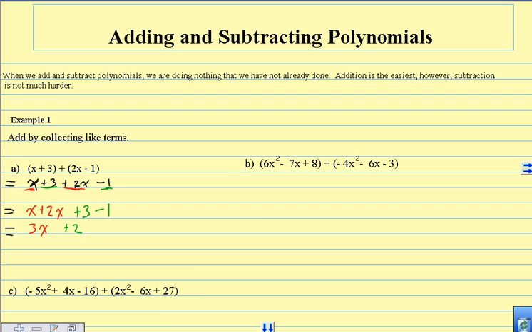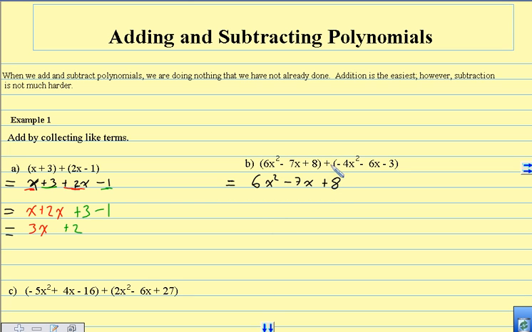Okay, so looking at B, I can always just drop the brackets on the left-hand polynomial, because those aren't going to change. So I can rewrite this, if I'm looking at now trinomial plus trinomial, 6x squared minus 7x plus 8. I can just drop the brackets on that and rewrite it, 6x squared minus 7x plus 8.